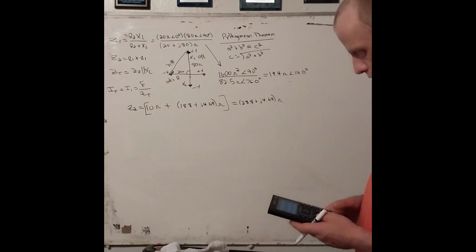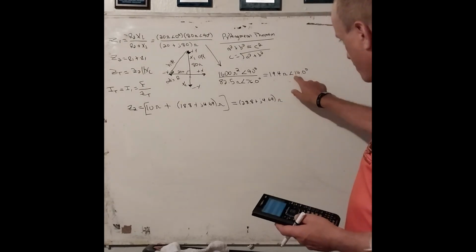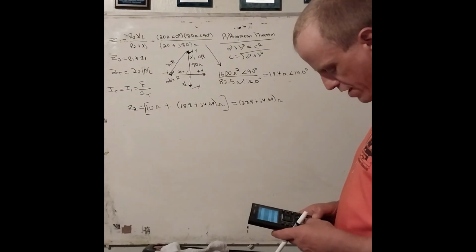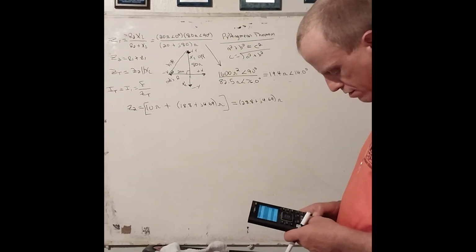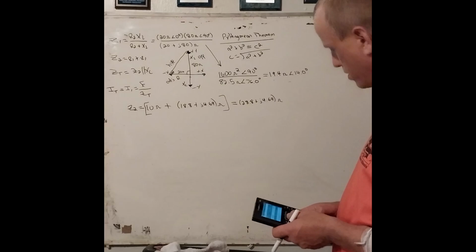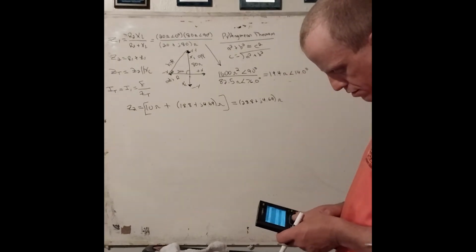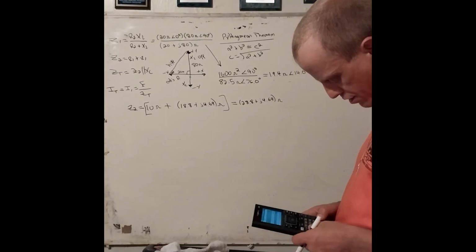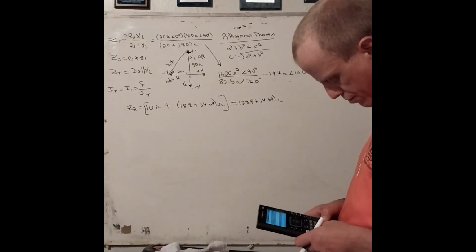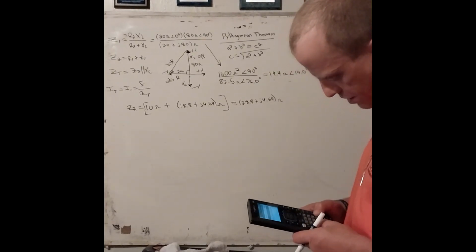But then we can change this to phasor notation. So the square root of this value squared plus this value squared, and it's good to make sure you know what buttons you're hitting so you don't hit an error on the calculation.